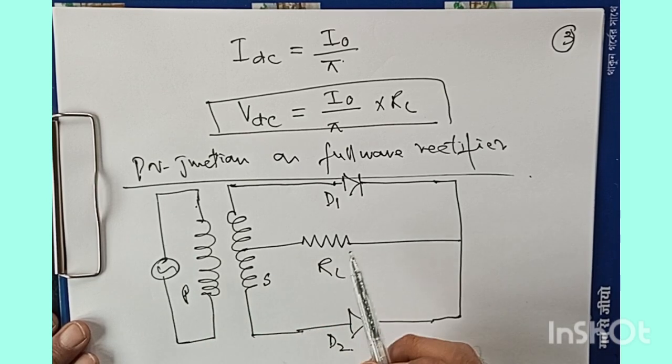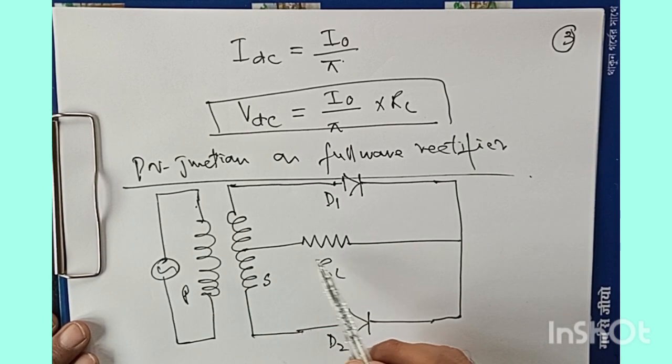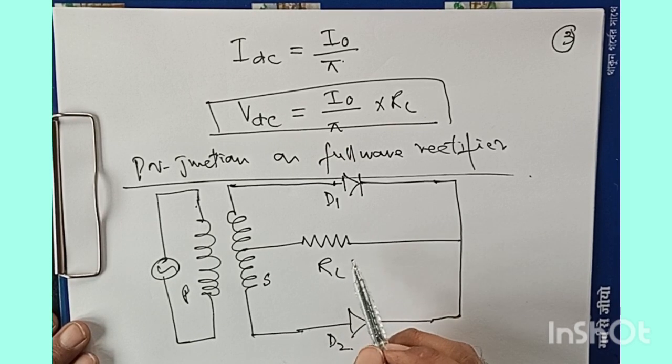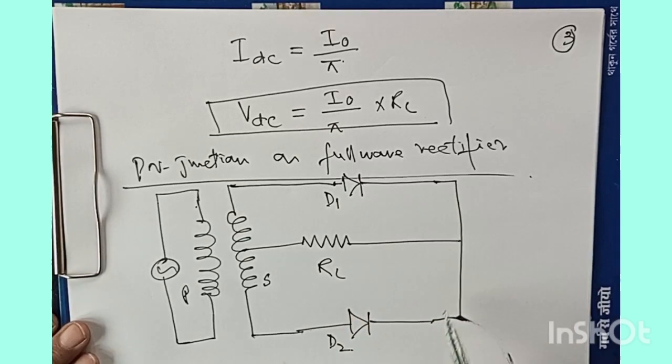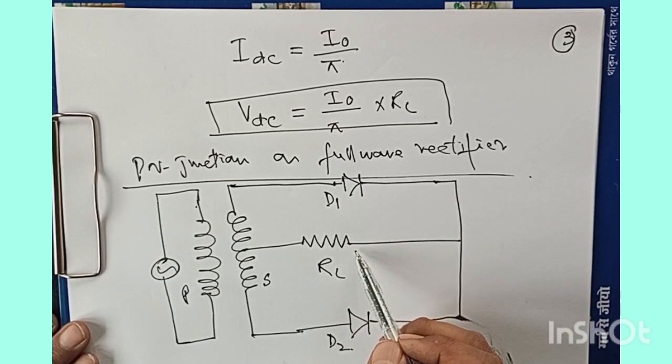And the load resistance RL, across which the output voltage is obtained, is connected between the common point of the N regions of the diodes, right? So it's commonly connected to both the diodes.